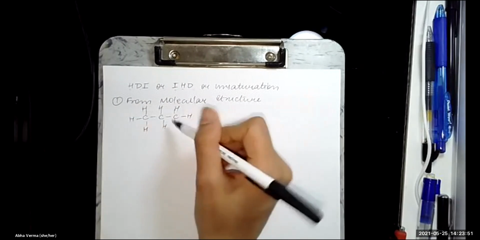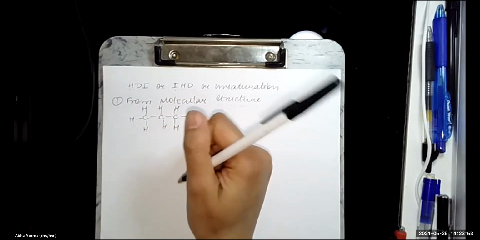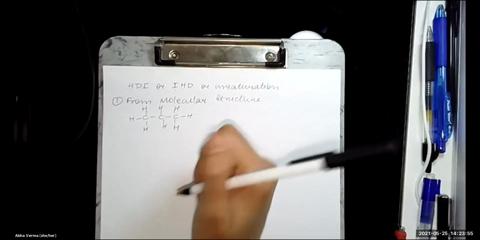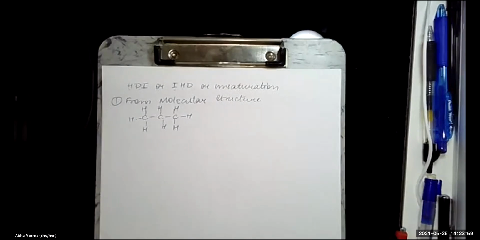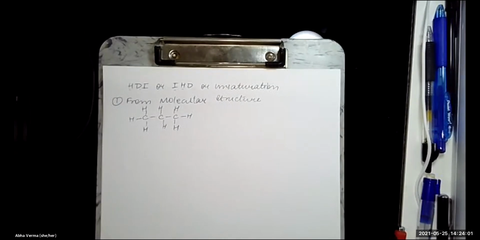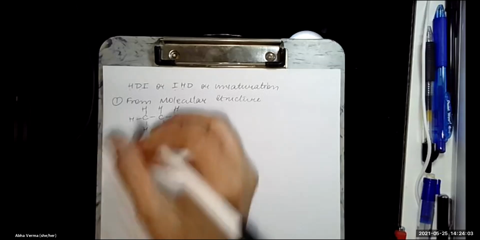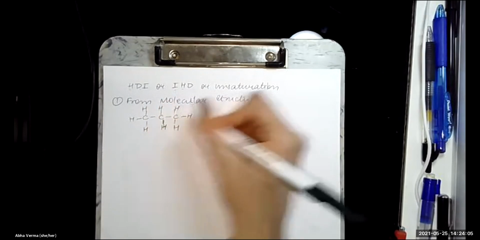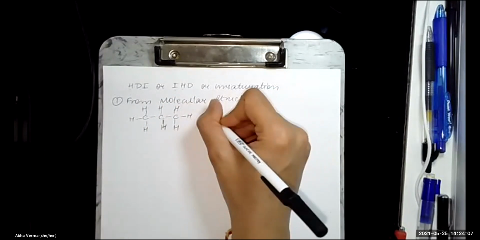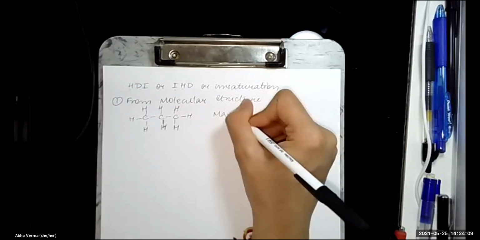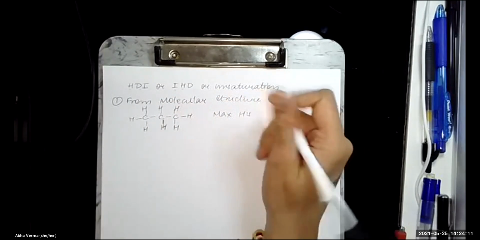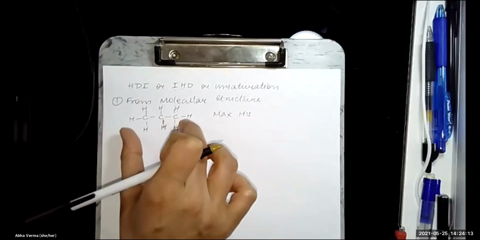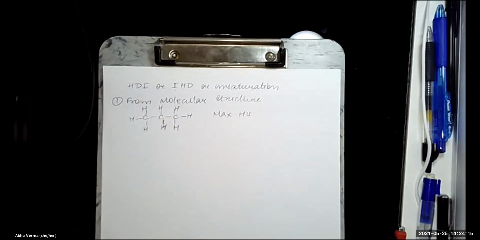All of them have single bonds, except for one we just did, where there was a double bond. The rest of them had only single bonds, right? So these structures have the maximum hydrogens that carbons can contain.